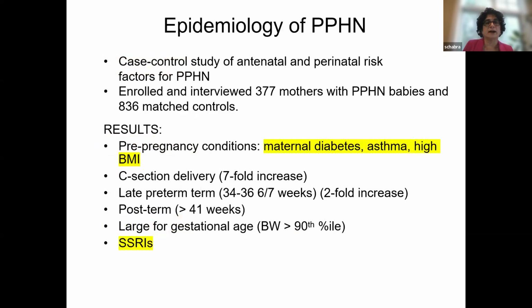So the epidemiology of PPHN shows that there are pre-pregnancy conditions like maternal diabetes, asthma, or obesity. C-section has a 7-fold increase. Late preterm infants have a 2-fold increase.